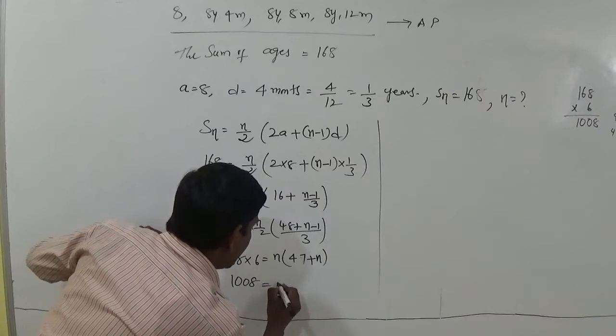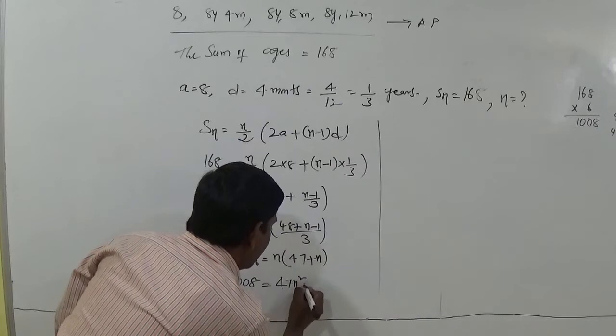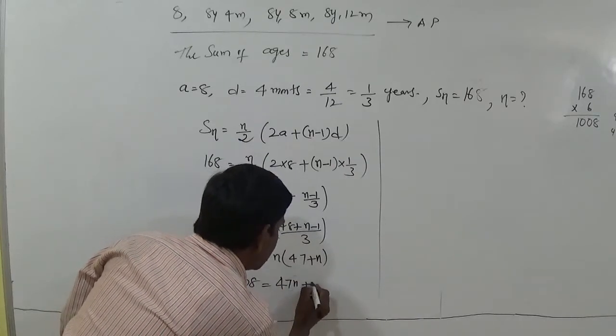1008. So n into 47, that is 47n, plus n square.